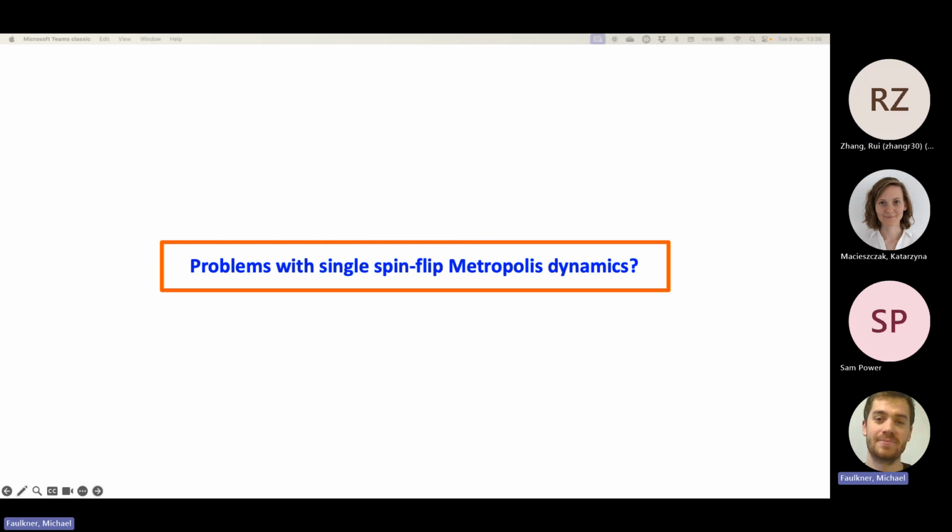The system eventually flips, but the probability of flipping the entire system with single spin flip Metropolis dynamics goes to 0 in the large N limit. And this is something that we call symmetry breaking, which is a special type of ergodicity breaking. Another way of describing it, as I've said before, is asymptotically slow mixing. So this is what happens to Metropolis dynamics with single spin flips.